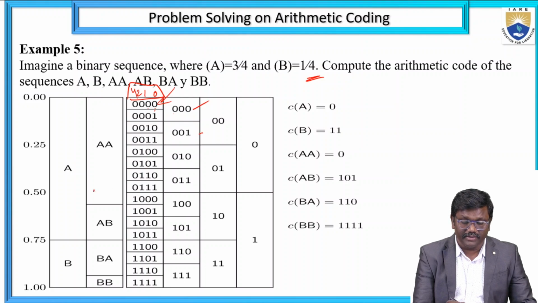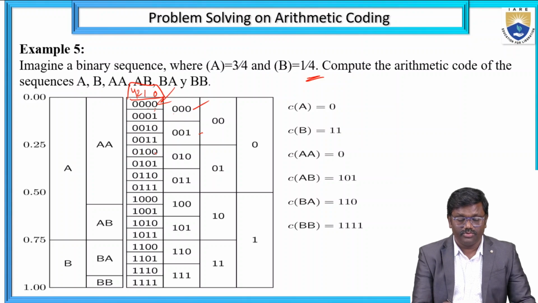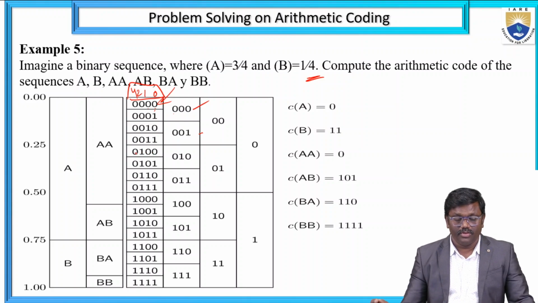Whereas we extended 3, 1, triple 0 is 3. No, sorry, 0, 1, 2. That is 0, 1, 2, 4. So what will be here?